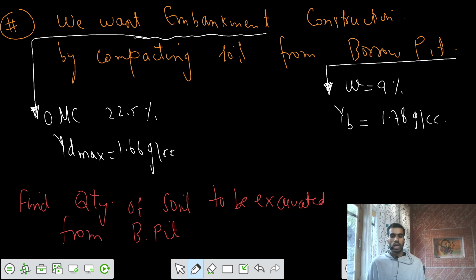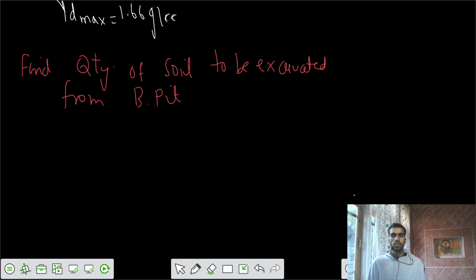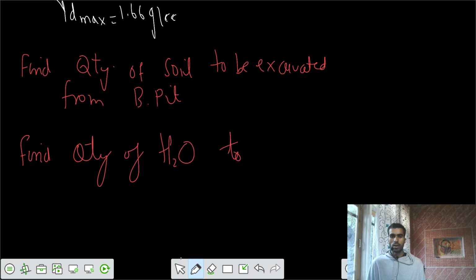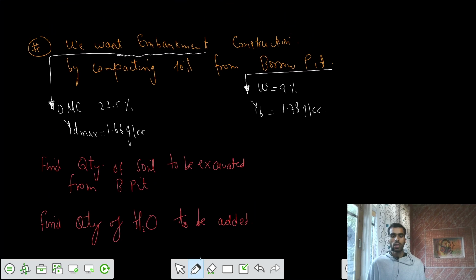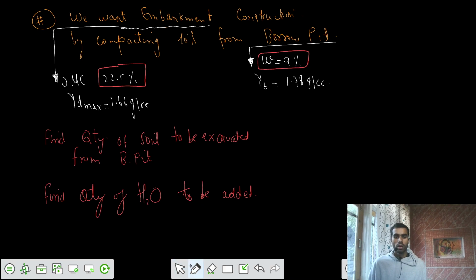And one more thing we need to solve for: find the quantity of water to be added, the extra water we have to add in the soil, such that the water content becomes 22.5%, where initially we have 9% water content.